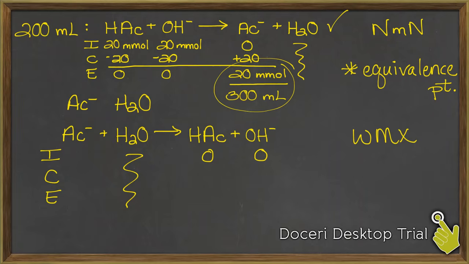Doing this division right here is going to give me a molarity of 0.067 molar. So that is what I'm going to plug in right here. Okay, it's a Kb ice table.